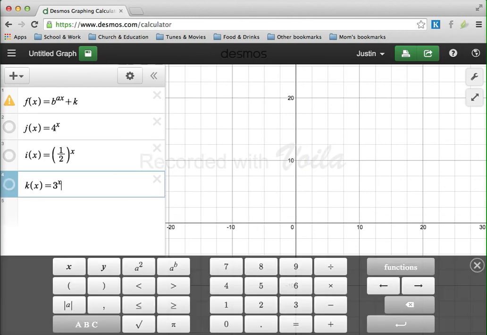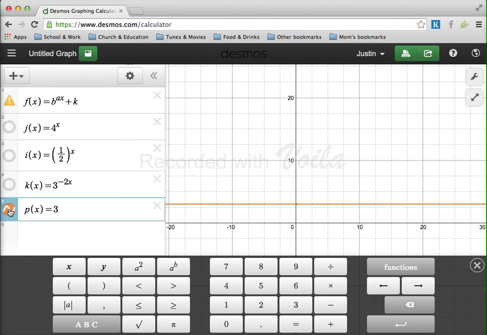I'm not quite done with this one. So I'm just adding one more graph.